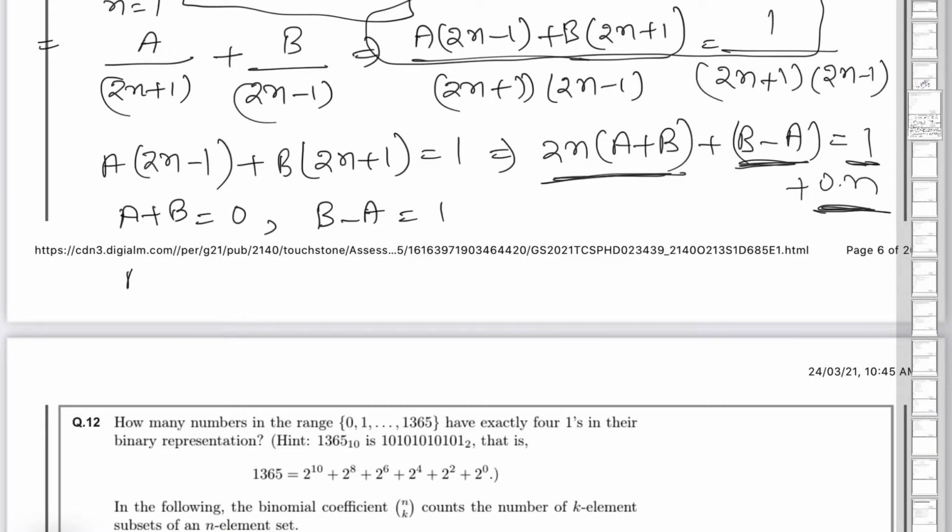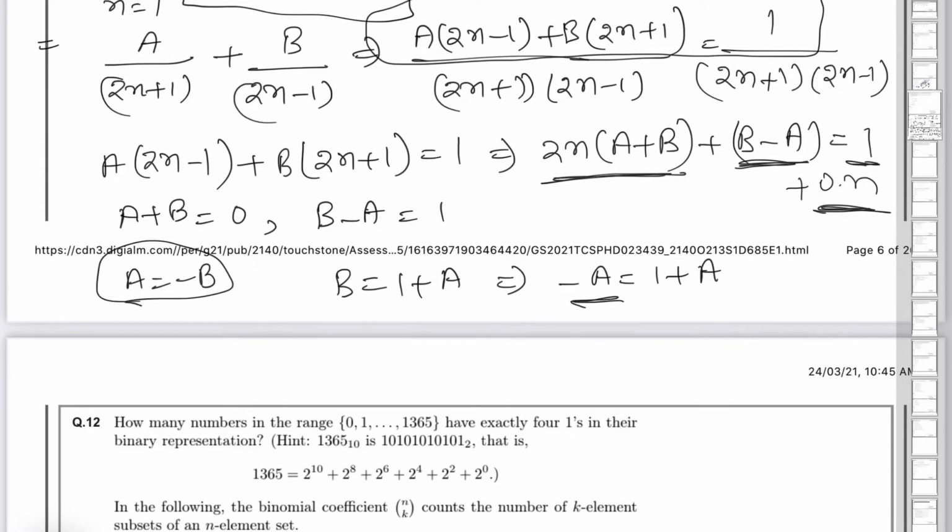So after solving it out, b is equal to minus a, so minus a equals 1 plus a. And a's value will be minus 1 by 2, right? And b's value will be 1 by 2.